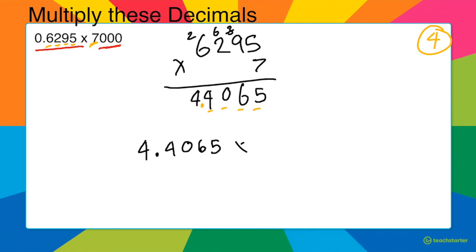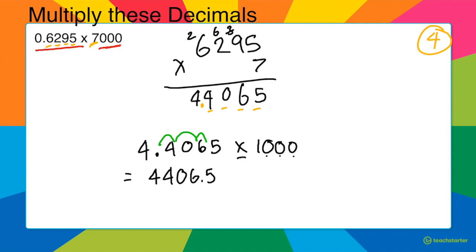So now I'm going to multiply this by 1,000. Which to do that, I've got to move the decimal point 3 places. 1, 2, 3, 4, 4, 0, 6.5.